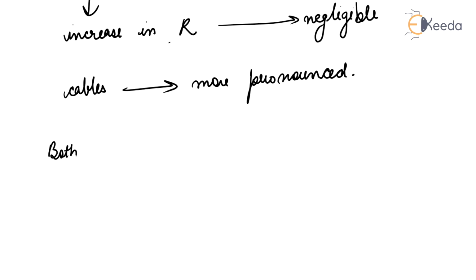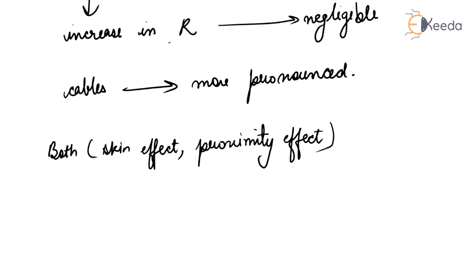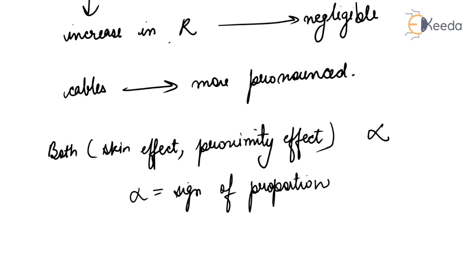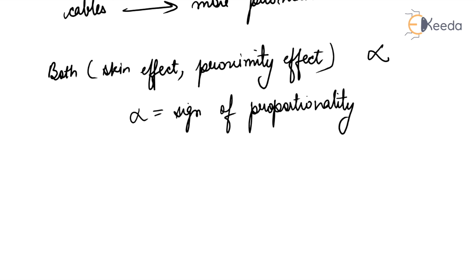Both skin effect and proximity effect depend upon, or are proportional to, four parameters, where the proportionality sign is alpha. First, conductor size. Second, frequency.